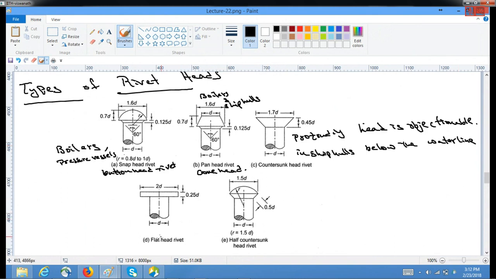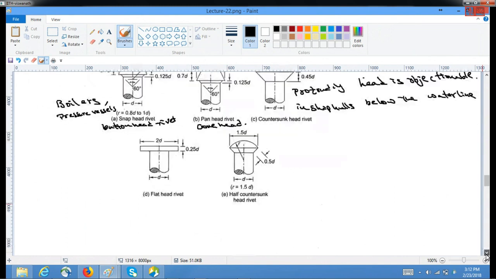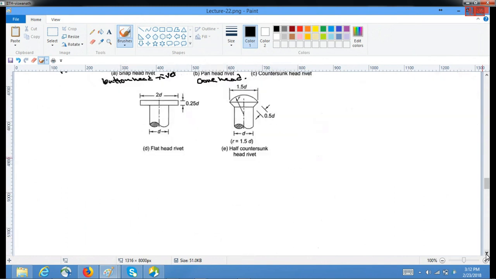So this is a flat head kind of a head. When you see it, the top portion is really flat, and the height of the protruding head is very minimal compared to other kinds like a pan head or a countersunk head. So this is also preferred sometimes when you want less protrusion, but still you want to have a proper head.